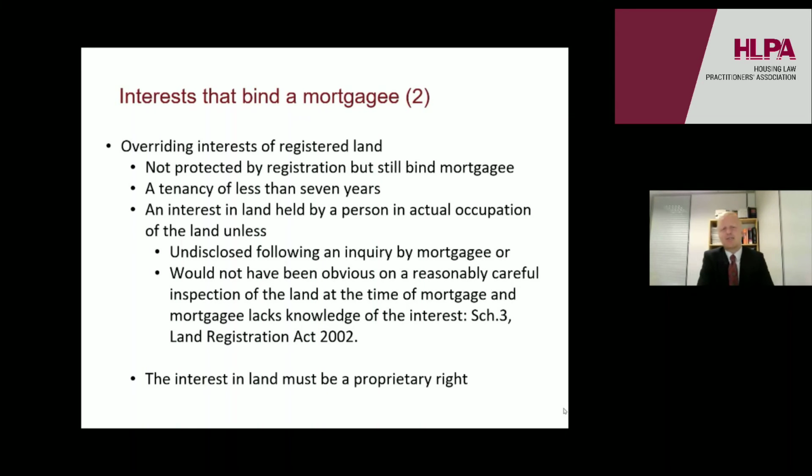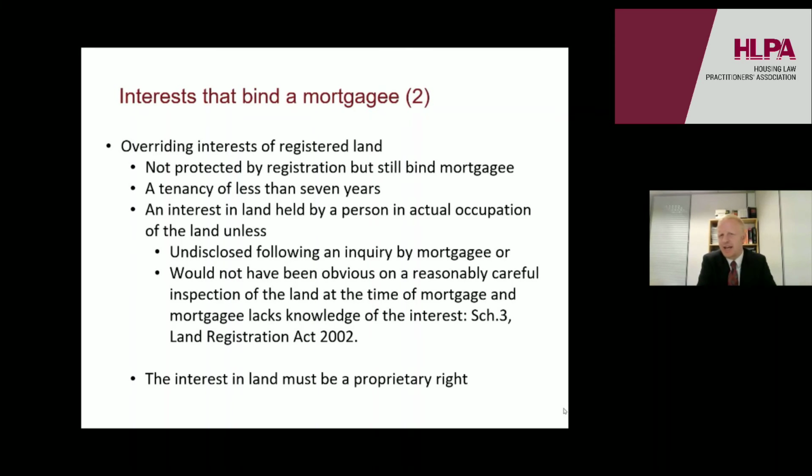Now, a tenancy of less than 7 years does not need to be registered. So provided it was granted before the mortgage was granted by the lender, then that tenancy will bind the mortgagee. But the other type of interest that's most likely to be of assistance is where the third party has an interest in land and that person is in actual occupation of the land.